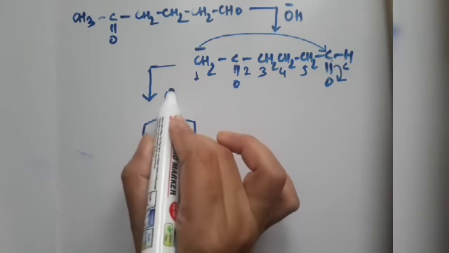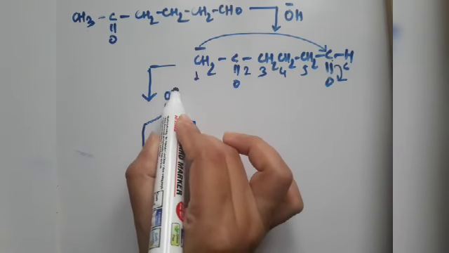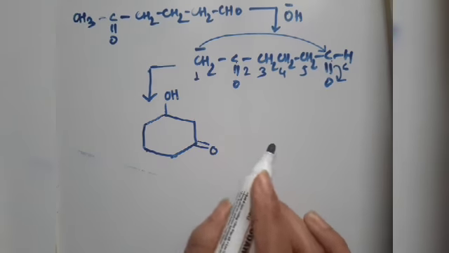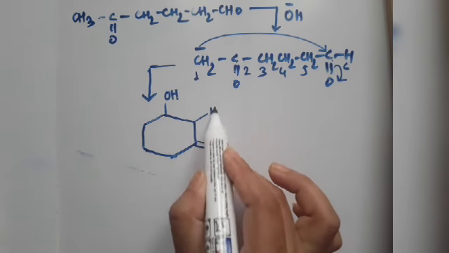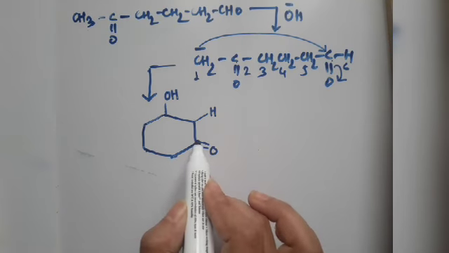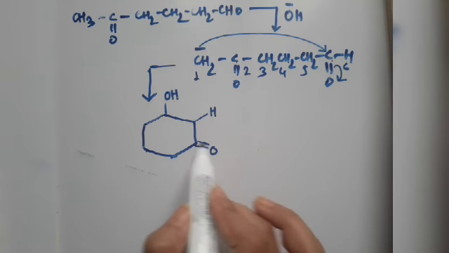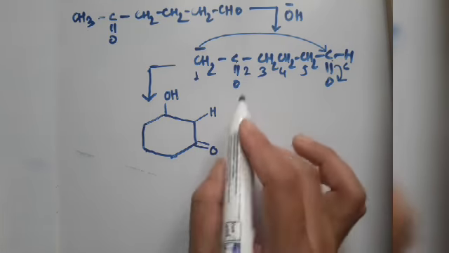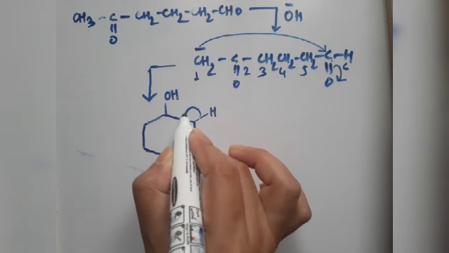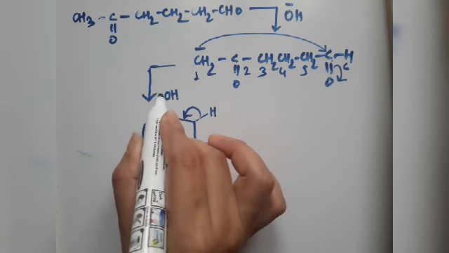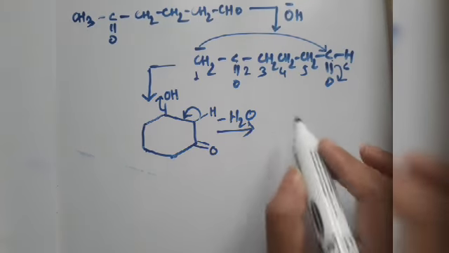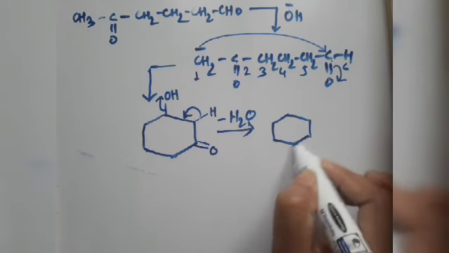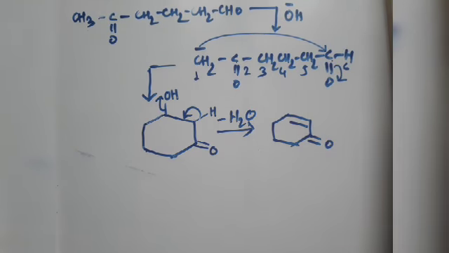In 6th position we have one OH group over here. This hydrogen is most acidic in nature because of the presence of this carbonyl group. So this will be liberated as water molecule and we will get this structure.